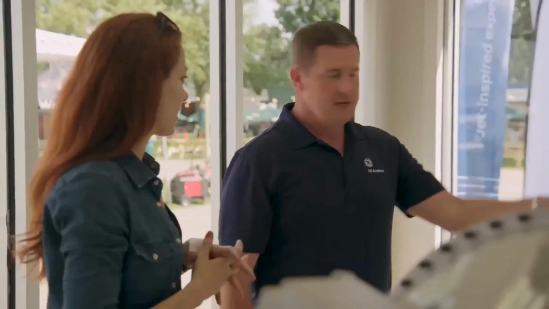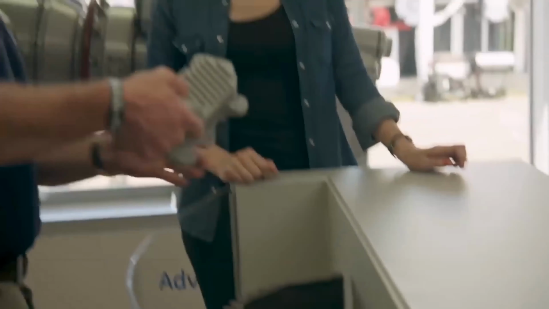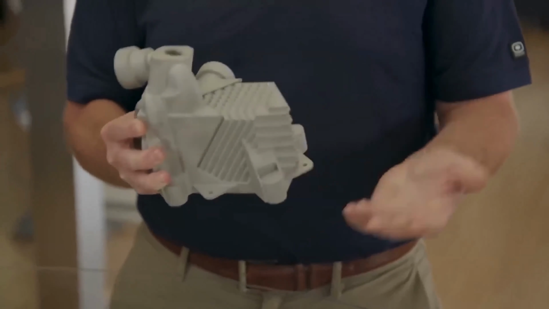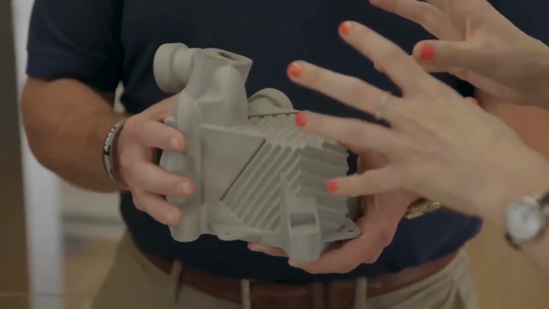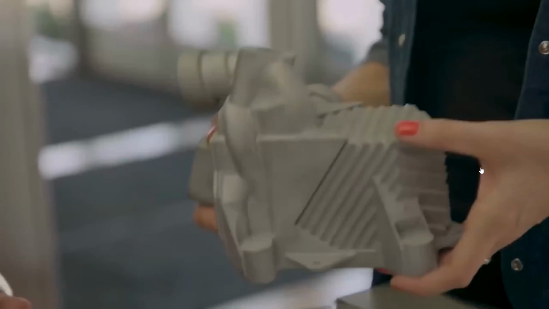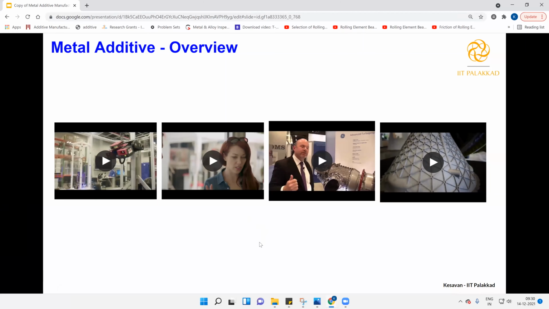We have some over in the cabinet if you want to take a look. So this is a fuel heater. Fuel goes in here, and engine oil goes in here and heats the fuel. Now this is one part. How many parts would you usually have? Normally this would be about 300. Is it lightweight? It is, about half the weight it would normally be. So this is one part now.